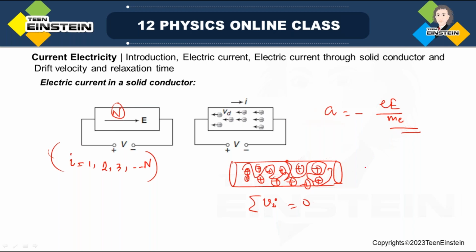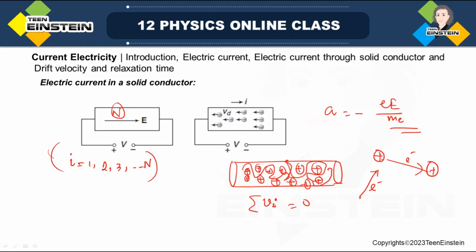There are successive collisions. Suppose these are positive ion cores. One electron comes like this, collides with this, and then collides with this. So this is the electron.